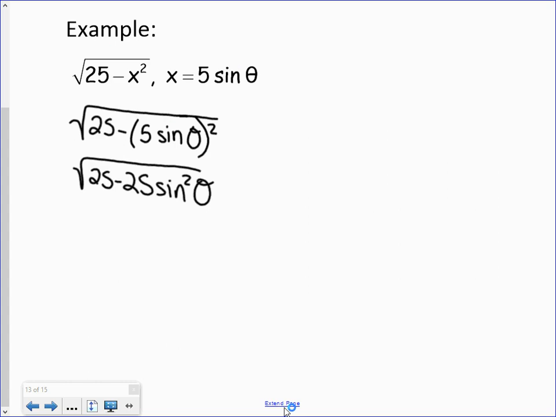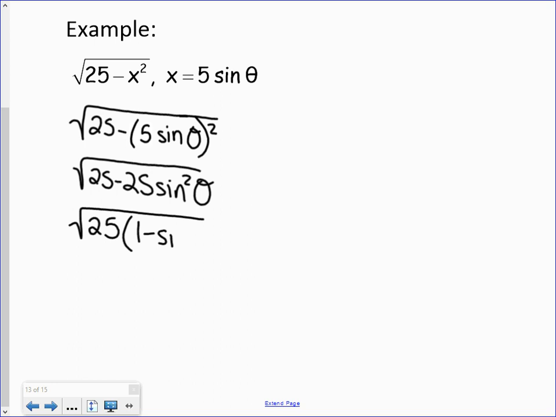Beware the pitfalls here. The square root of 25 minus x squared is not equal to the square root of 5 minus x. That's not a property of radicals. When we get down here, the square root of 25 minus 25 sine squared theta is not equal to 5 minus 5 sine theta. You can't take the square root when there's plus or minus. What do you notice about both of these terms? They both have 25. Factor out 25.